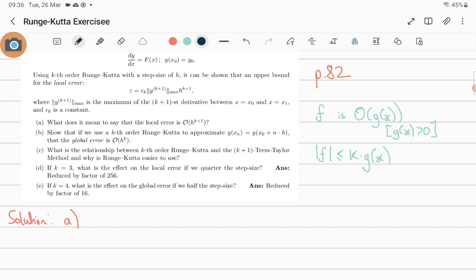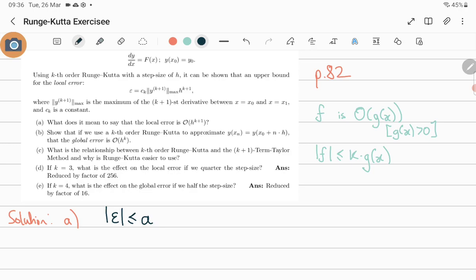So we would say that the local error, just called epsilon, there are different notations, has absolute value less than some constant. Now the k is a bit confusing, since there's another k here, so we might use a different symbol. How about we use a?